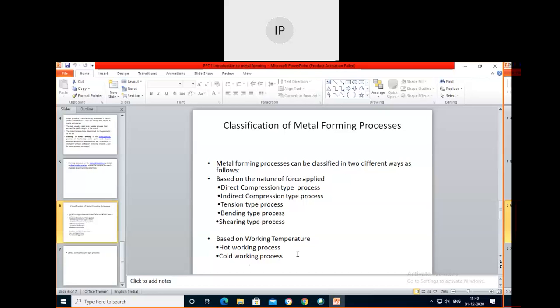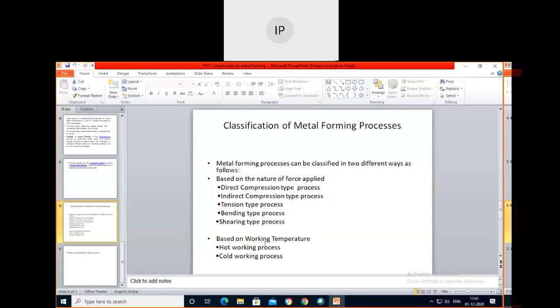That means deformation of grains, and a new set of undeformed grains starts to create, that we call the recrystallization temperature. If the working temperature of the metal is above the recrystallization temperature, we call it the hot working condition. If you work below the recrystallization temperature, we call it the cold working condition.